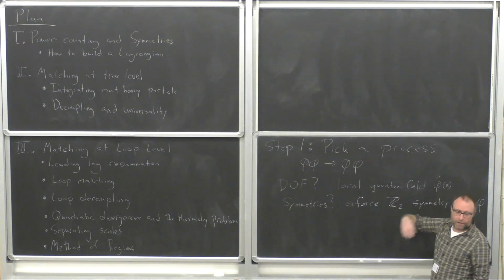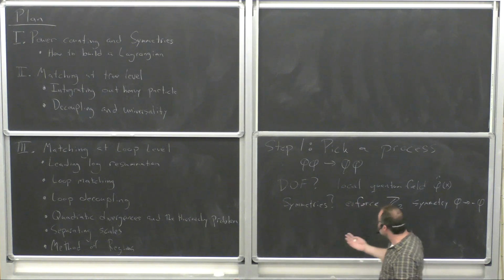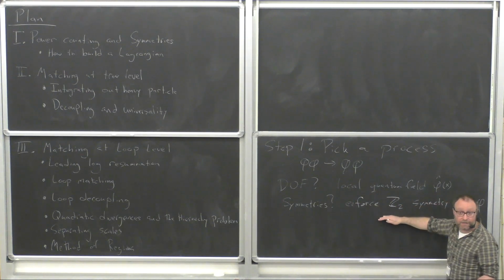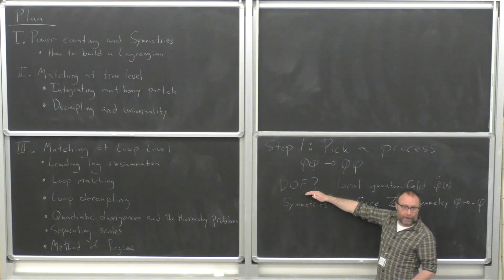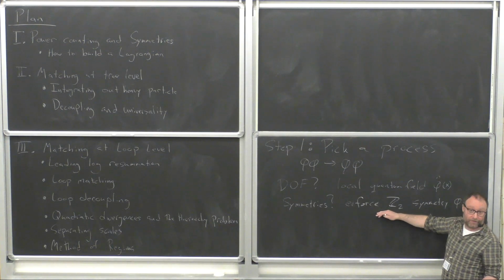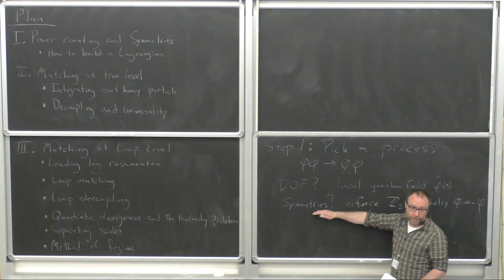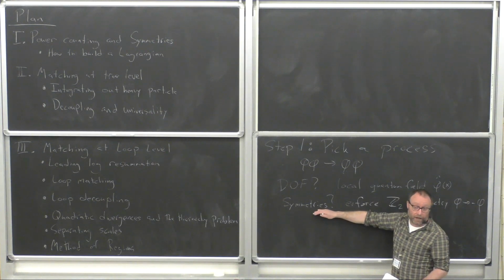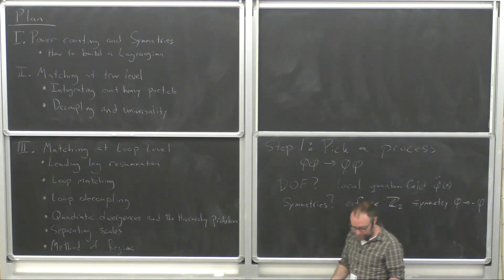Okay, maybe you have a bunch of different experimental processes and you're interpreting some way, but at the end of the day, you're making this as a hypothesis, okay? So you're saying, experiment told me I have phi particles. I haven't seen any processes with odd numbers of phi particles in them, so I'm going to assume that there's a symmetry of the theory. Maybe it's only an approximate symmetry, but nonetheless, I'm going to use this as a guiding principle to write the Lagrangian, okay?